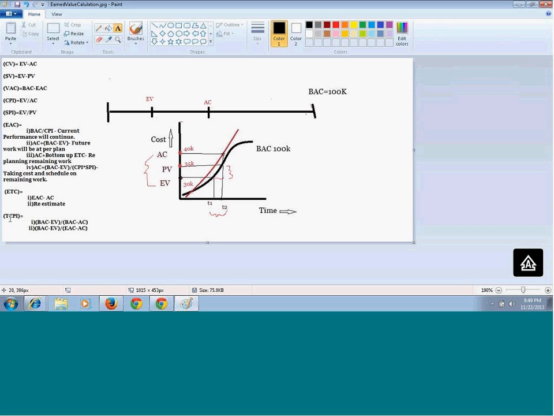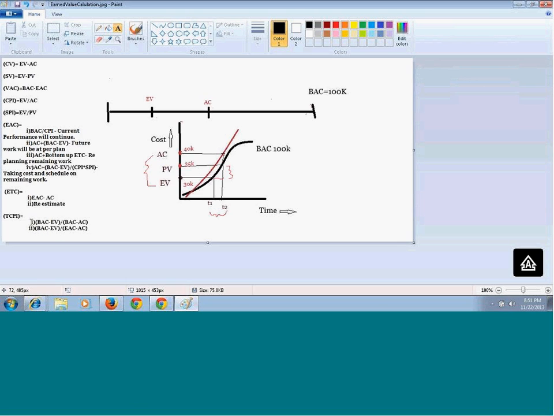So BAC minus EV is your remaining amount of work, divided by budget at completion minus actual cost. This particular portion of your graph will give you the remaining cost you have. So if you are trying to complete your remaining work with the amount you have left, that is this formula, the to complete performance index. By this formula you can tell, let's say you had 100k and you already spent 40k, so you have 60k in your hand, but you have 70k of work remaining.